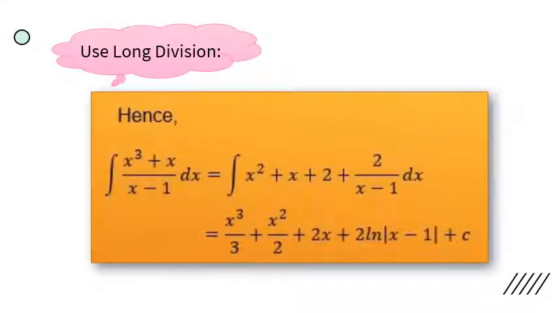We have learned before how to do long division. So let's look at how to do this long division. We divide x cubed plus x by x minus 1. Looking at x cubed, x cubed divided by x is equal to x squared. Then we multiply x squared with x minus 1, so we get x cubed minus x squared.